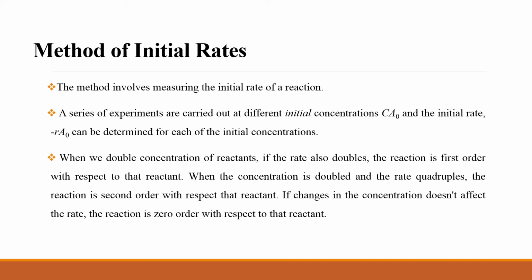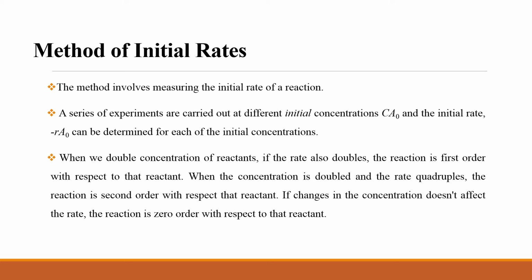The next method of analyzing kinetic data is method of initial rate. This method of initial rate involves measuring the initial rate of reaction for different initial concentrations. According to this method, a series of experiments are carried out at different initial concentrations and respective initial rate of reactions are determined.